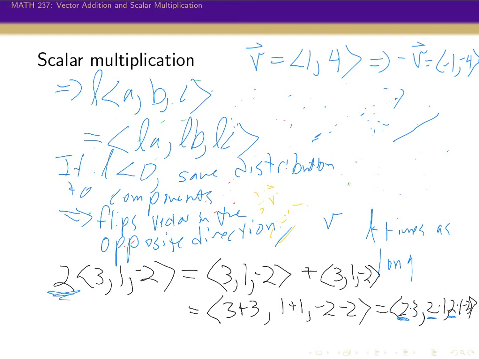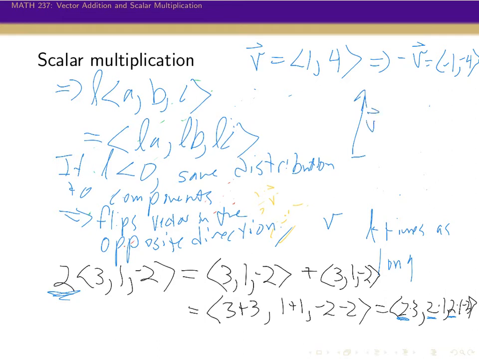Let's make this somewhat more accurate V. Okay, so 1, 4 should look more like over 1 up 4, so that's more like a 1, 4.